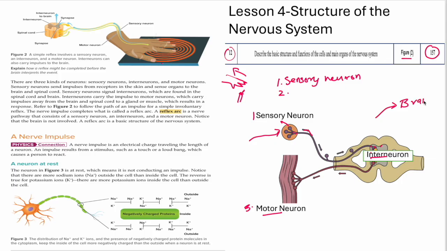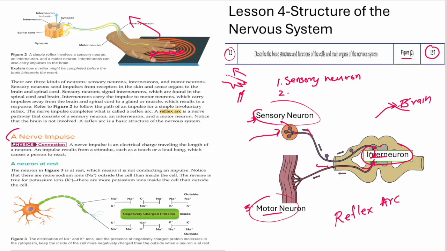If you lose time reaching the brain and analyzing, your skin will be more burnt. So these signals only reach the spinal cord, and the spinal cord takes the sudden action through the motor neurons. The commands go to the motor neuron to pull the hand away. So sudden action is required for reflex actions. Otherwise, you will be hurt.